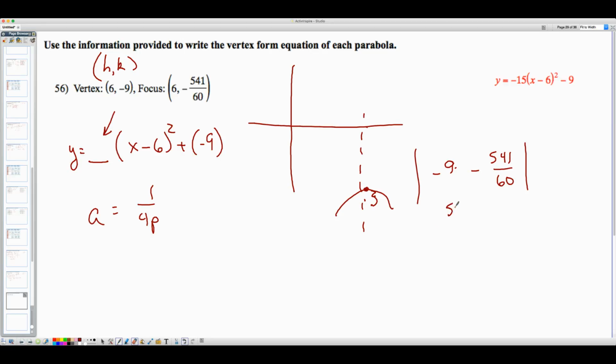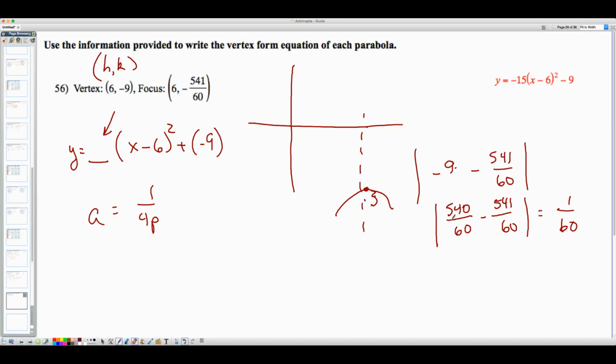So I have 540 over 60 minus 541 over 60. And this becomes 1 over 60. And that distance is my p value, 1 over 60.